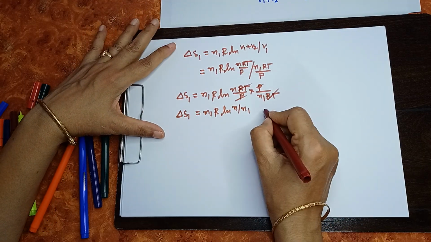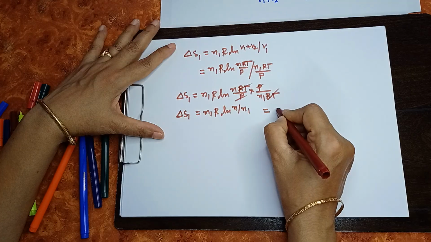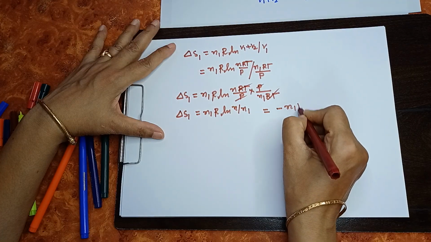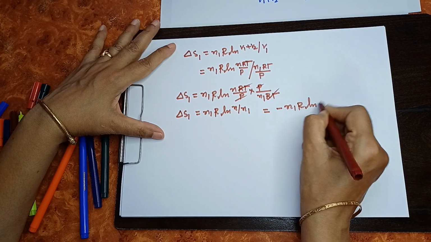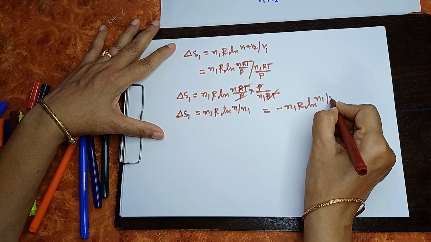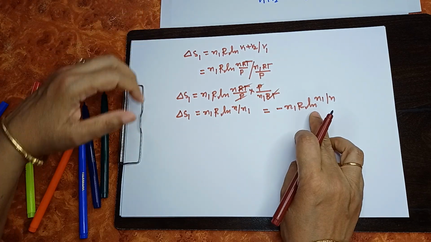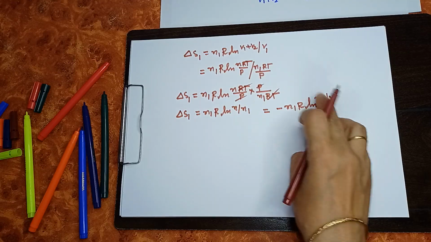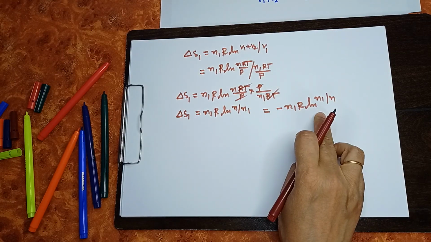And this one I can write as minus N1 R ln N1 by N. Ln means log base e. So if I write N1 by N, it will be minus.